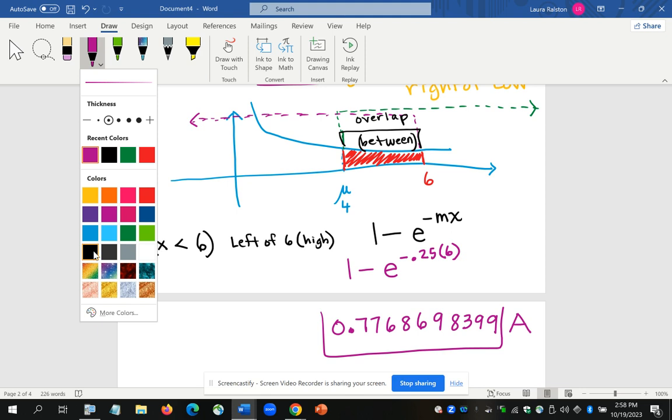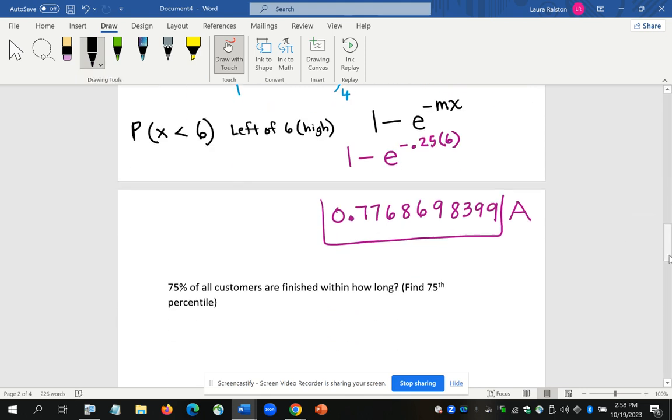Now I've got to start over, and I've got to do the probability that X is greater than 4. This is right of 4, which is my low.